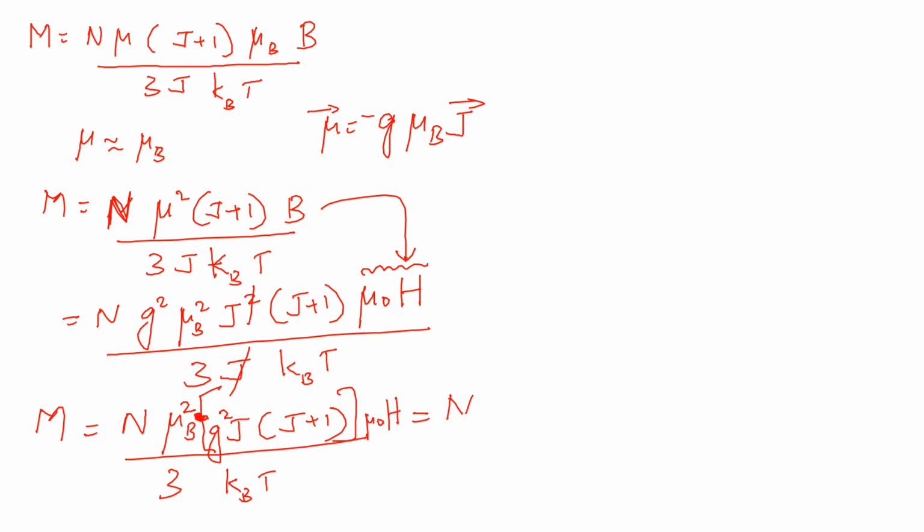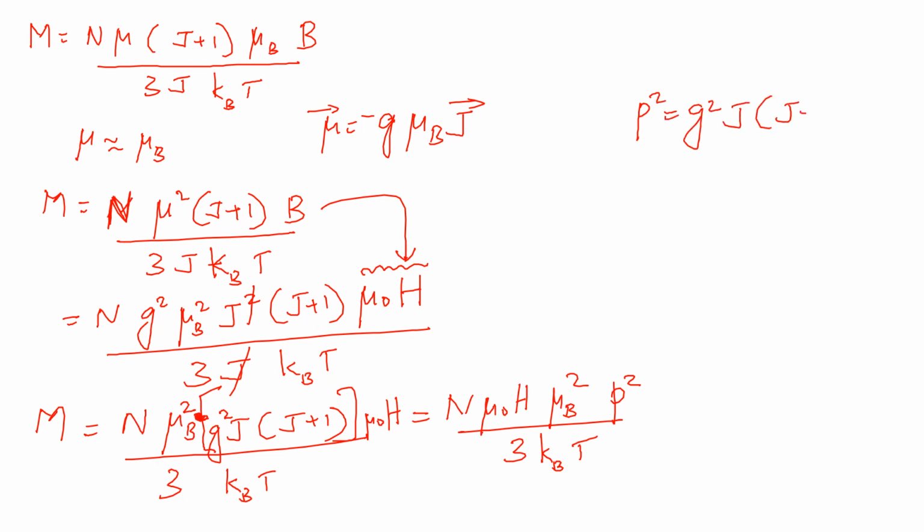This can be written as N mu_0 H mu_B squared p squared divided by 3 k_B T, where p squared is g squared j into (j plus 1), or p equal to g times root of j(j plus 1). It is the effective number of Bohr magnetons. P is termed as the effective number of Bohr magnetons.